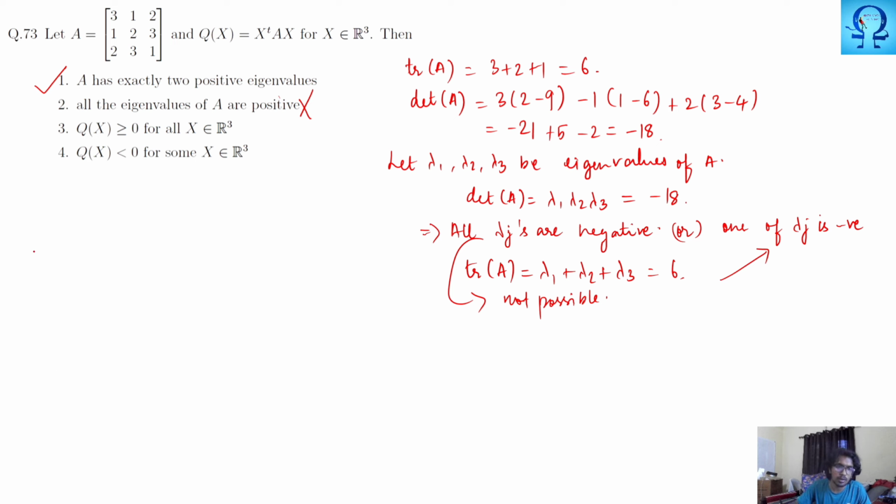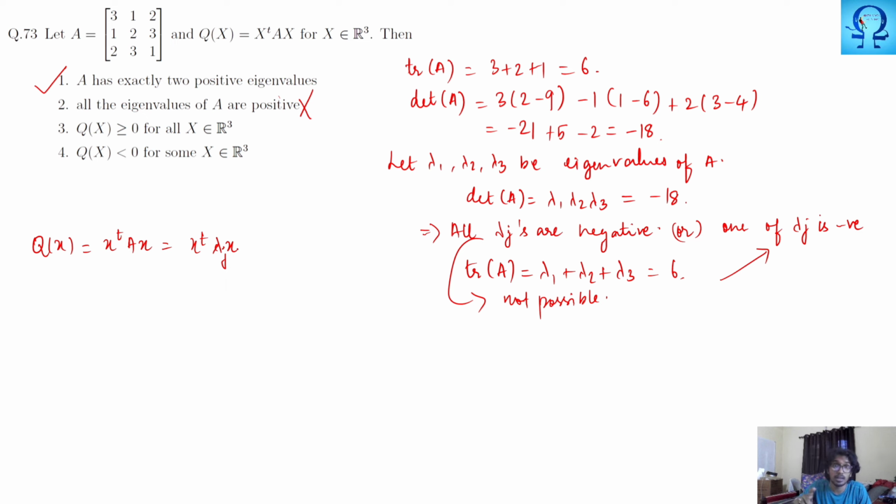Now let us evaluate this quadratic form, that is x transpose Ax. You just use this one. What is Ax? That is lambda x, right? So x transpose lambda x, since lambda is an eigenvalue of A. If you want, you can have it as lambda j.